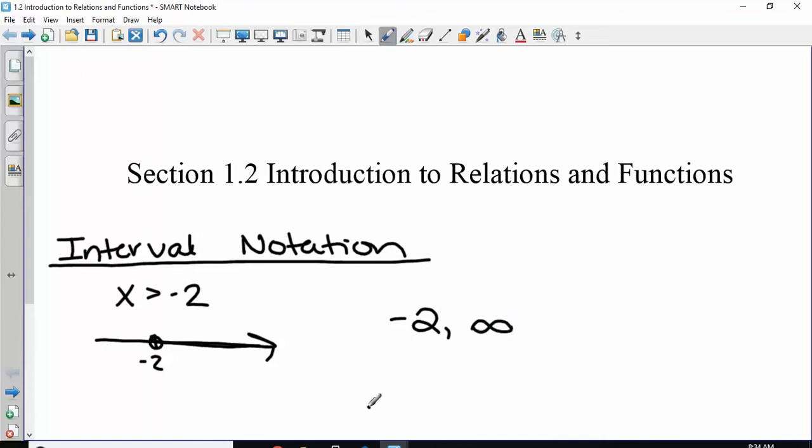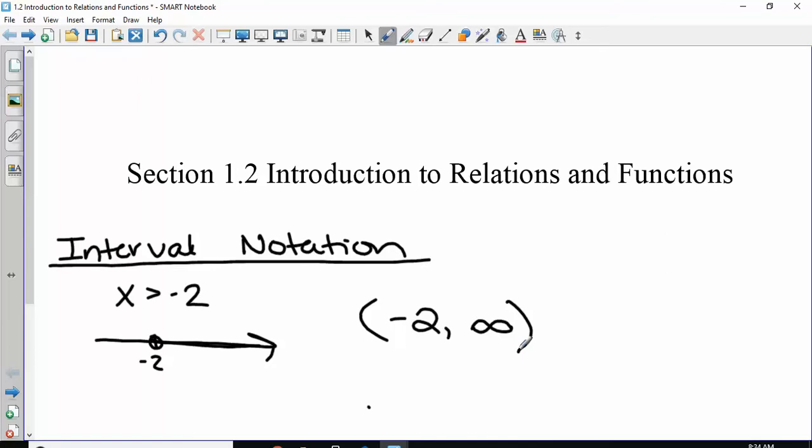In interval notation, we also have the option of parentheses or brackets. If something is not equal to, it gets a parenthesis. So this was not equal to -2, so my -2 has a parenthesis. Infinity is not an actual number, so can you equal infinity? No, so infinity would also get a parenthesis.